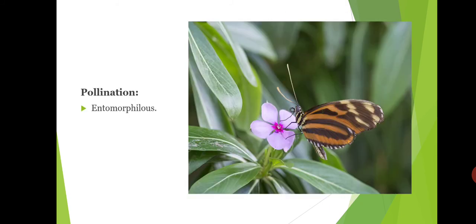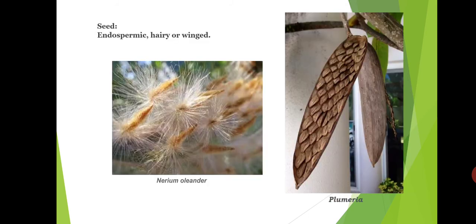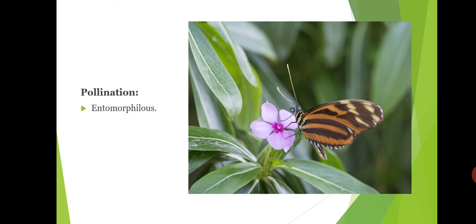Then pollination is entomophilous. That is this Plumeria. It is our first slide, that flowers are Plumeria. Then entomophilous pollination, and here we can see this floral formula, that is actinomorphic. Next symbol is denoting this bisexuality.